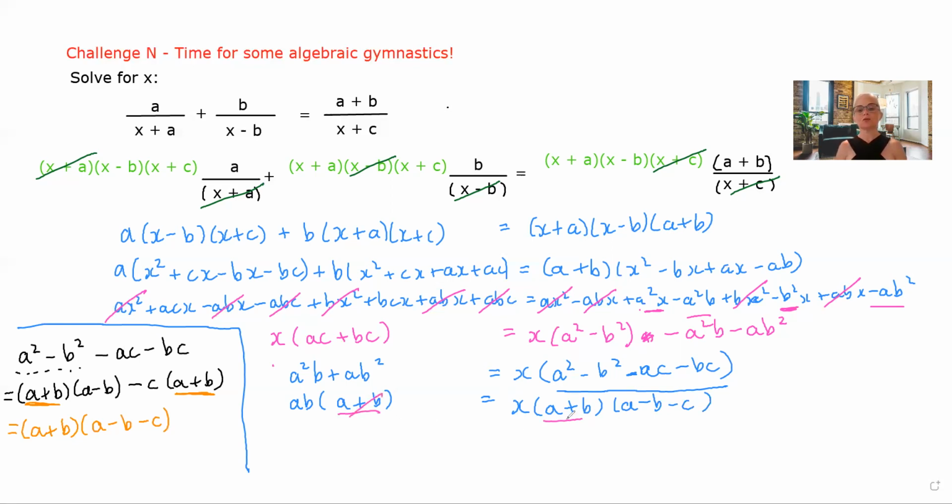We can cancel that out, all right? It's the same expression on both sides. We can divide both sides by that, assuming that a is not equal to negative b. So for our final answer, literally all we need to do, we want to get the x on its own. We are going to divide both sides by this bracket, and we're going to get that x equals ab over a minus b minus c.